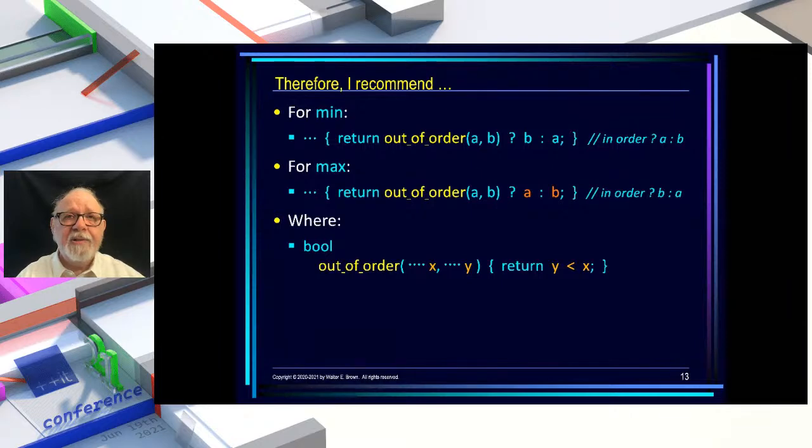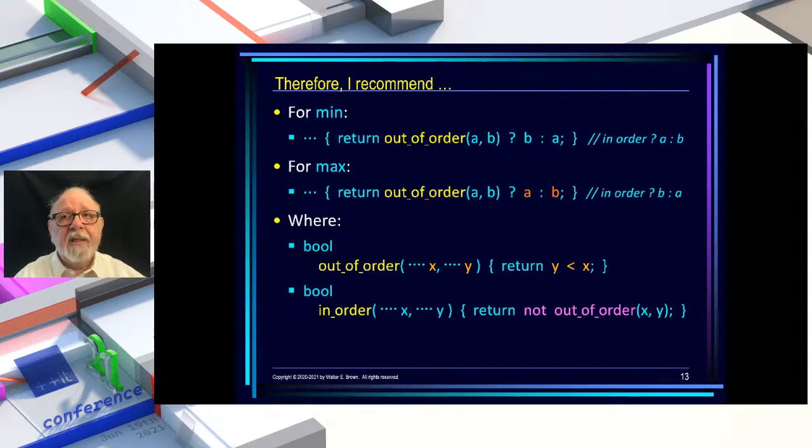Which means they are in order whenever they're not out of order. And I have been doing this for many years, and the code generation is typically not affected by using functions or function templates named in order or out of order, as opposed to using the raw less than.